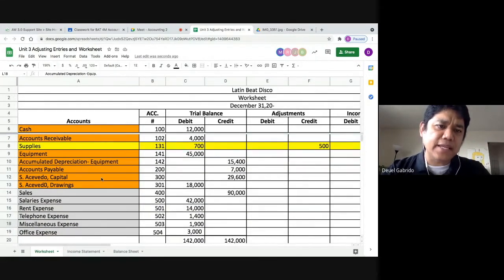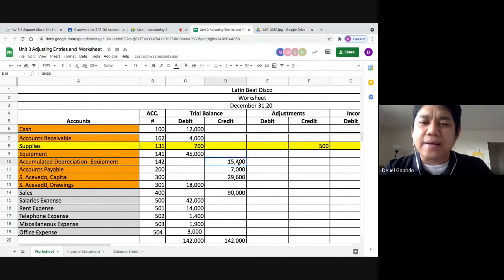Do you see it? Yes. Okay, so here, guys, is your accumulated depreciation. There is a decrease already in the past year of 15,400. And this year, how much is the total decrease? We just calculated it. What's that? 5,920?